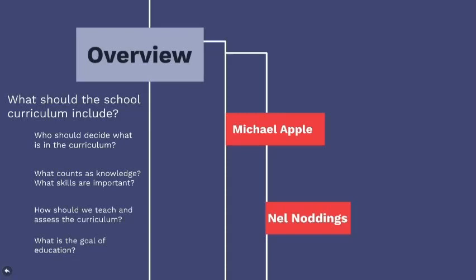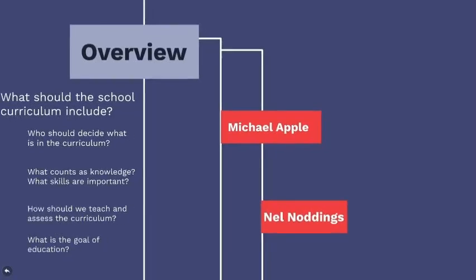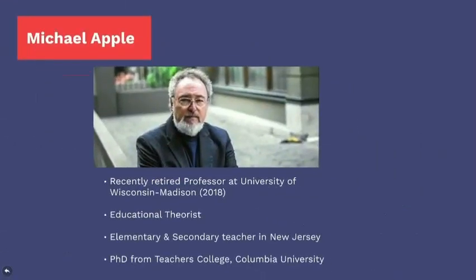Let's first discuss a little bit about who the authors are for this week. The first author is Michael Apple. Michael Apple is a recently retired professor from the University of Wisconsin-Madison and is a notable educational theorist who specialized in the idea of power, politics, and curriculum within education.